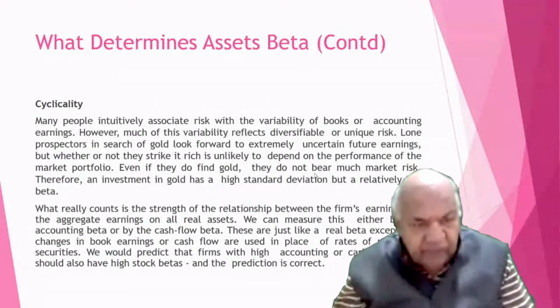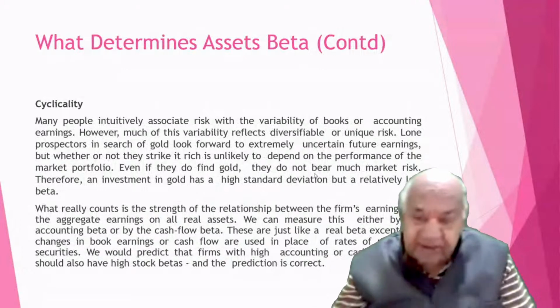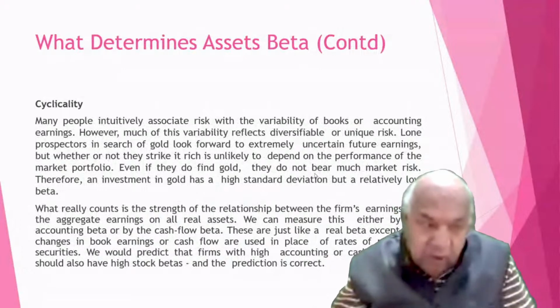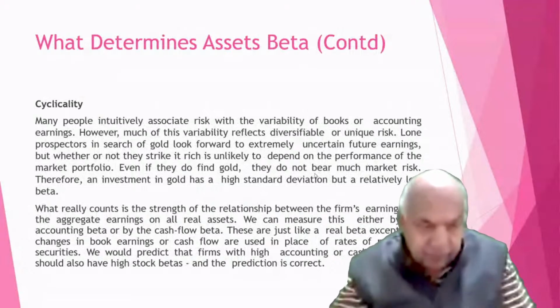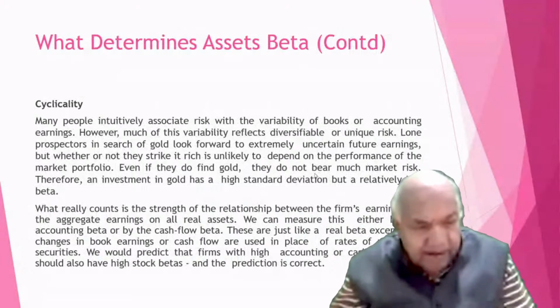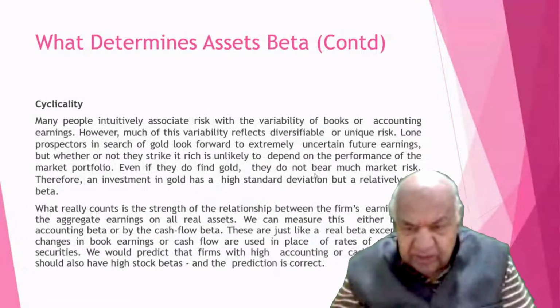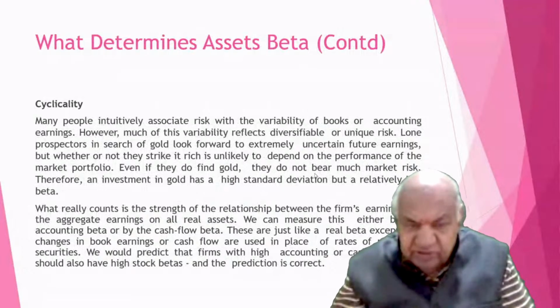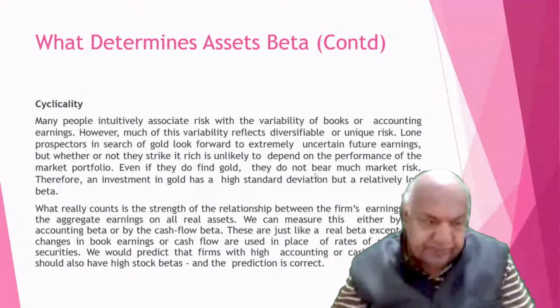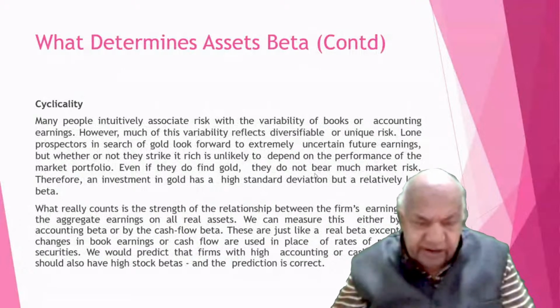Therefore, an investment in gold has a high standard deviation, but a relatively low beta. What really counts is the strength of the relationship between the firm's earnings and the aggregate earnings on real assets.